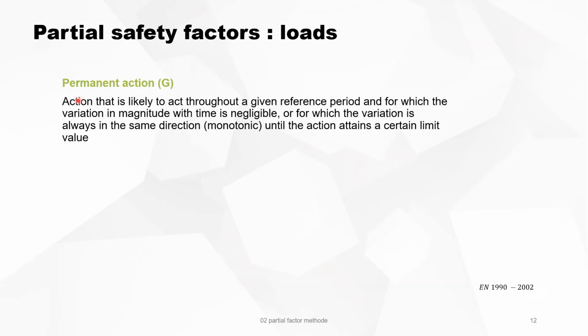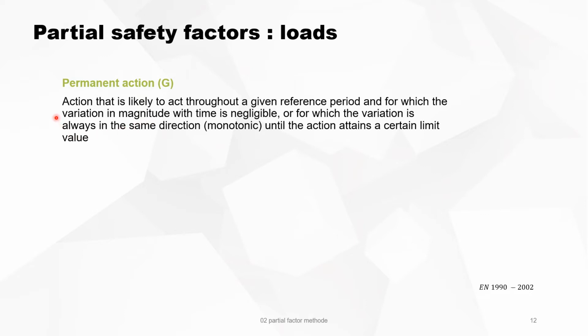A permanent action. We are going to give now some definitions to be sure that we talk the same language. A permanent action is an action that is likely to act throughout a given reference period and for which the variation in magnitude with time is negligible, or for which the variation is always in the same direction until the action attains a certain limit value. So it is connected to a reference period and to a variation in time.